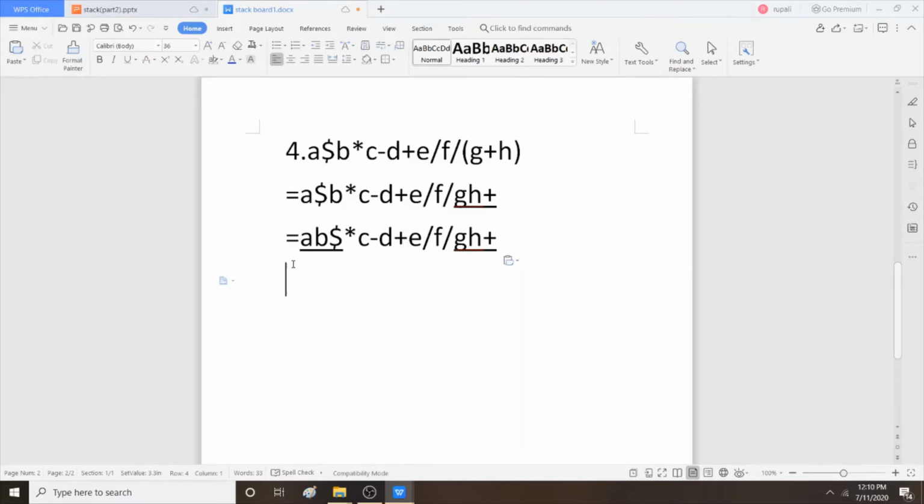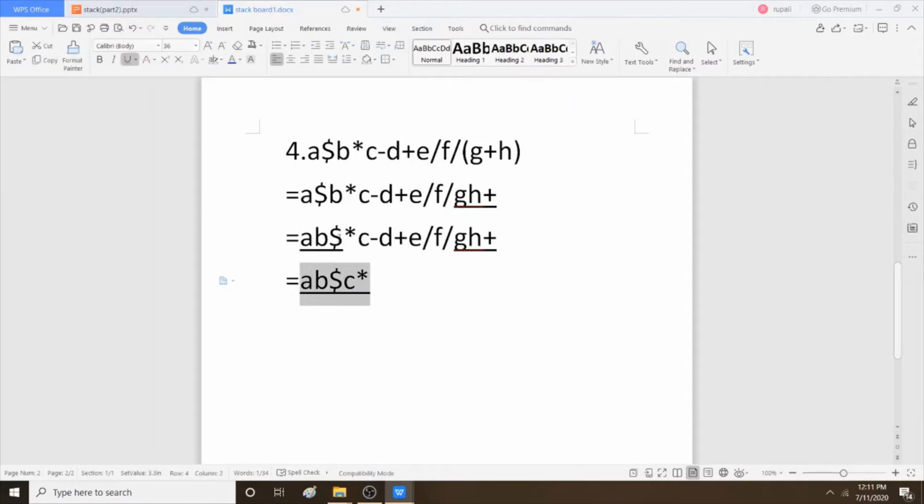So first see from the left hand side which operator comes first, into or by, this into. So next you have to do on this operator. So it is A B dollar, then this into, so C into. Now underline this.